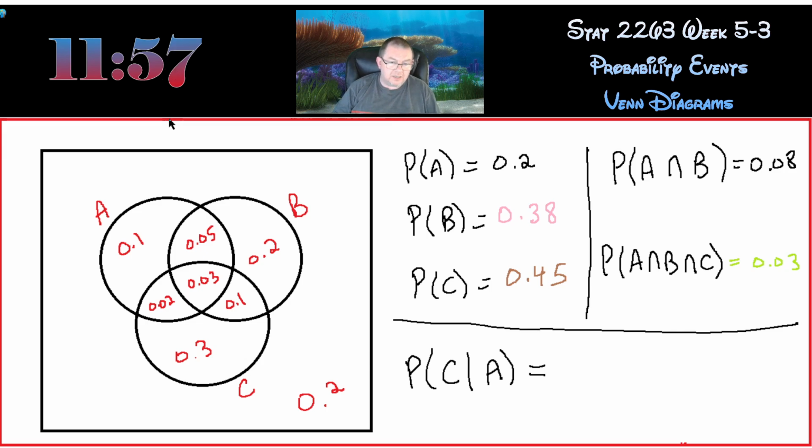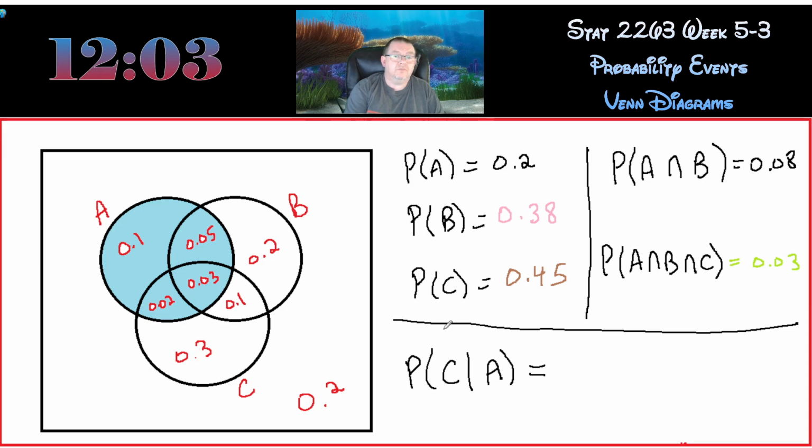A. C is the question, A is the given. So A is the new universe. So what is the probability of C in this universe? It's 0.05 divided by A, which is 0.20.